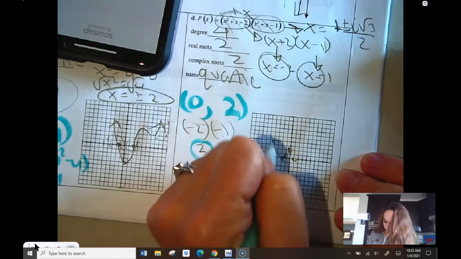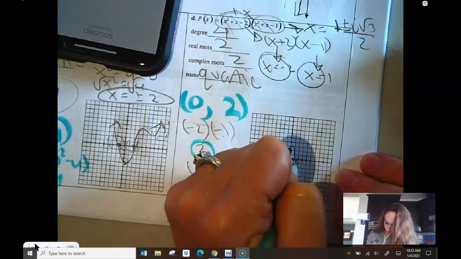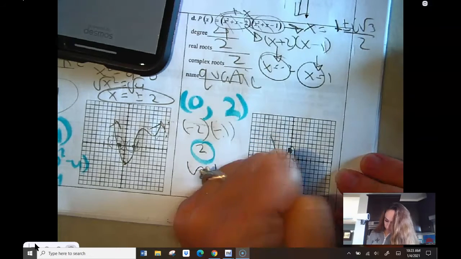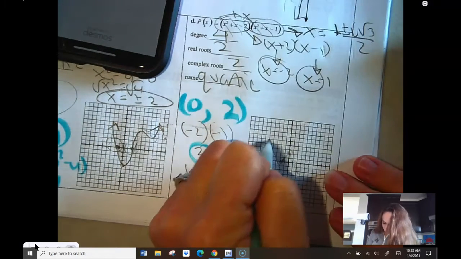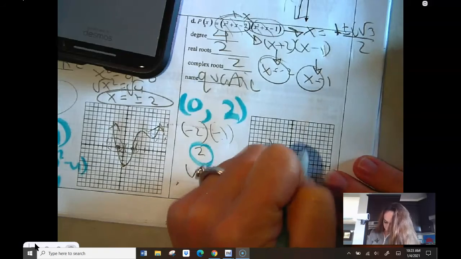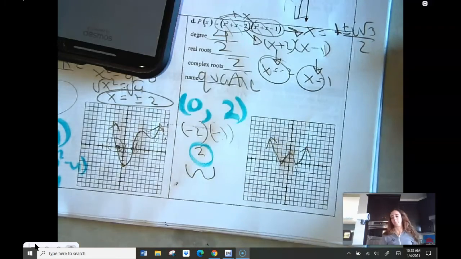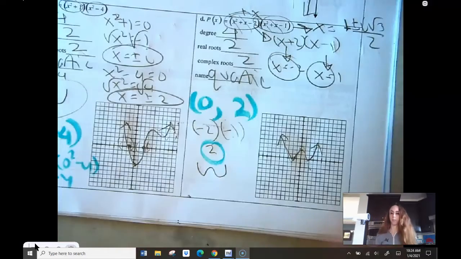So it's going through. Oops, I'm not doing a very good job of this. So it looks like it's before. Okay, but you get the game. All right, so let me just show you. There's nothing wrong with doing that to help you out. All right, let's go to the next page.